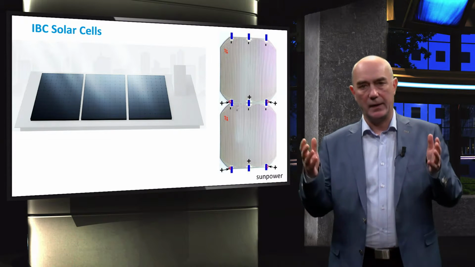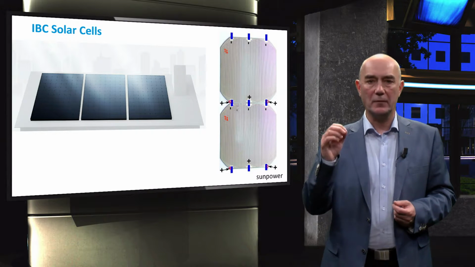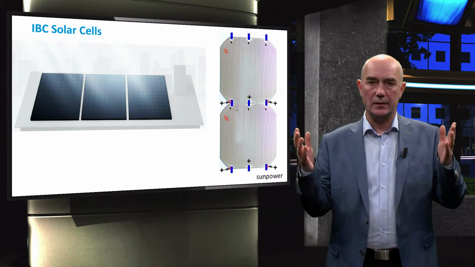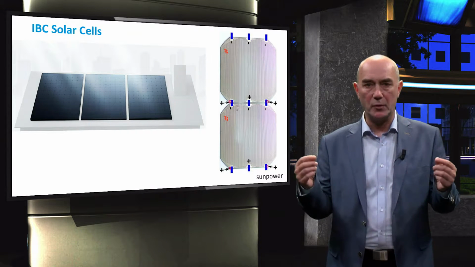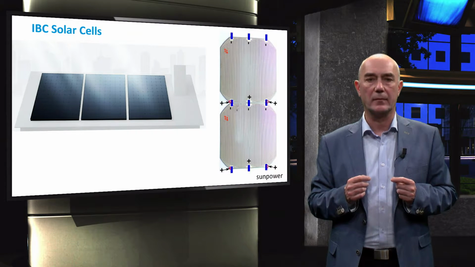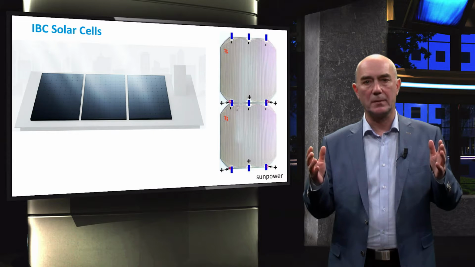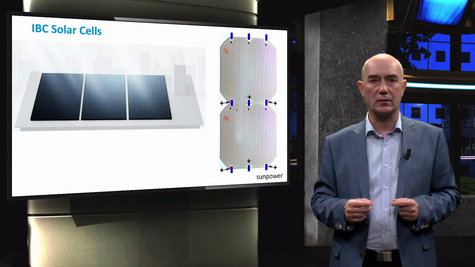Well, they actually have two different contacts at the back, one for hole collection and one for electron collection. These contacts are interdigitated so that carrier transport to these contacts is minimal. This is a very advanced concept, and we will explain it further in the next course, Photovoltaic Technologies.